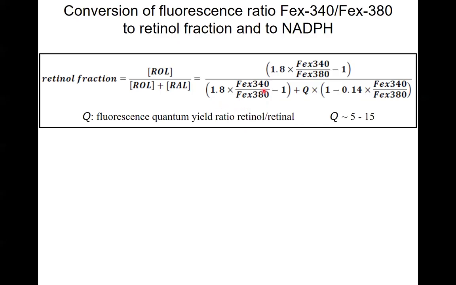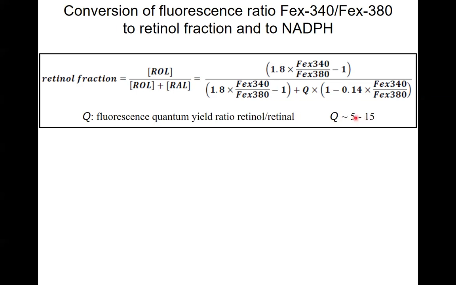So this 1.8 and 0.14 come from the ratios, the maximum and the minimum. This is the actual ratio that you're measuring. And Q here is the quantum yield ratio of retinol over retinal, which we have measured independently. We can talk about it. We've done it in a couple of ways, and this is the range that we have gotten.